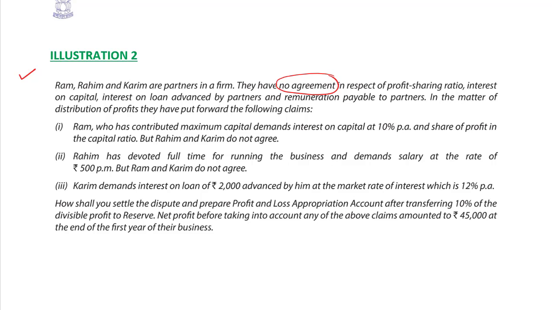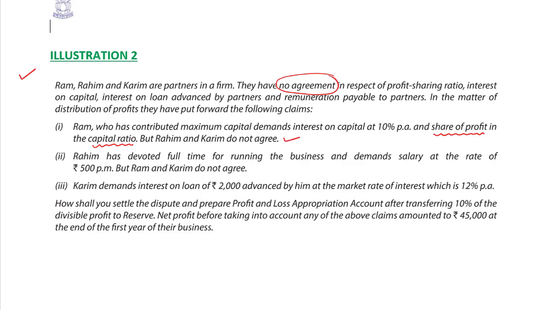Claim 1. Ram, who has contributed maximum capital, demands interest on capital at the rate 10% per annum, and share the profits in capital ratio, but Rahim and Kareem do not agree.